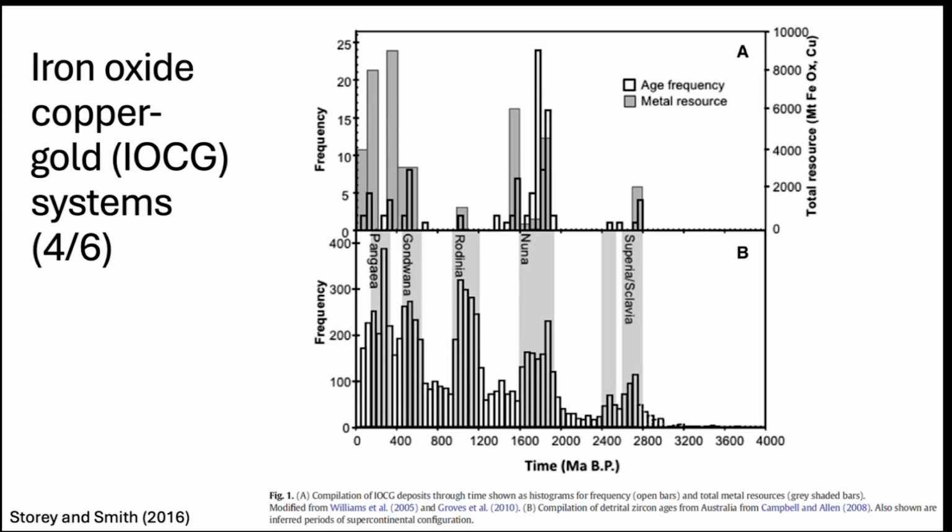Now, the bottom graph, which is confusing, is a plot of zircon ages. So that's basically an expression of when crust was being preserved. The more zircons are associated with granites, the more zircons, that means there must have been more granites or erosion of granites to put those zircons in the system.